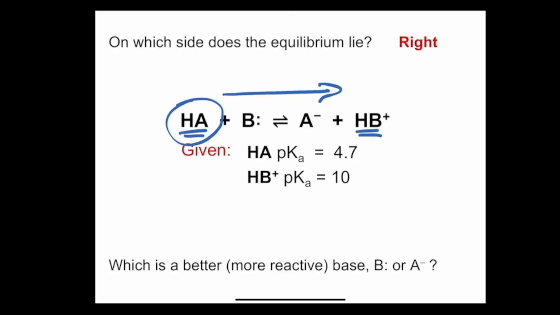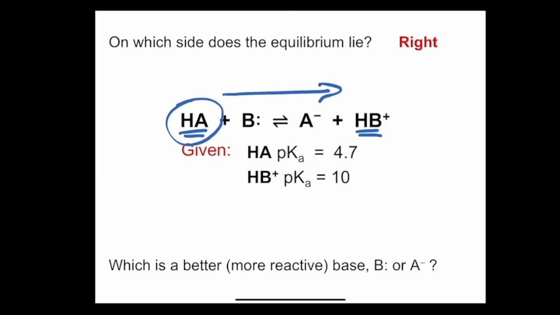So what do you think is the better base, given this equilibria? Is it B or A minus? Which is the stronger base? Stronger base. Which way did the equilibrium move? The stronger acid is on the right-hand side. Guess what? The stronger base?